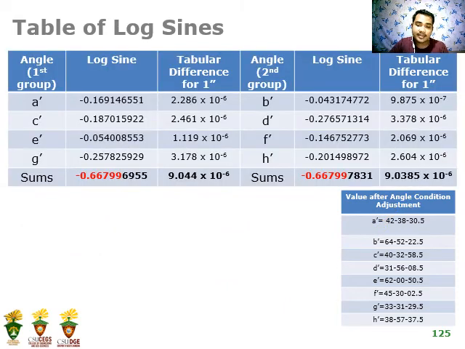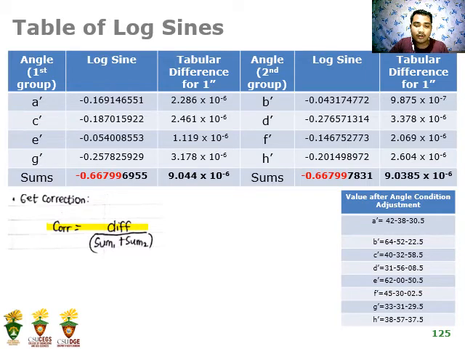Alright, next we're going to get the correction. The formula for the correction is the difference over the sum of 1 and the sum of 2. The sum of 1 is the tabular difference of 1 of the first group, and the sum of 2 is the tabular difference of 1 of the second group.